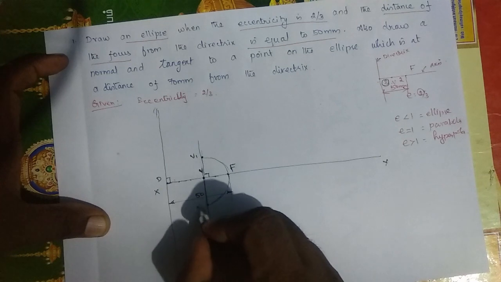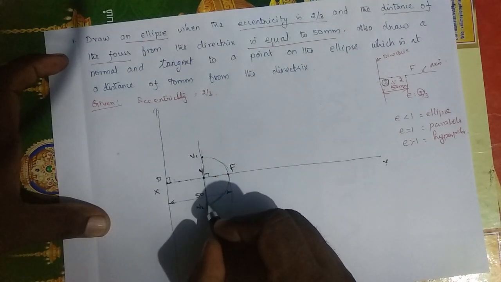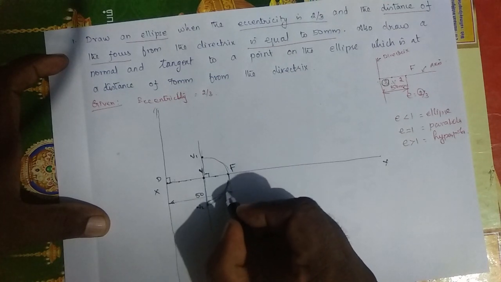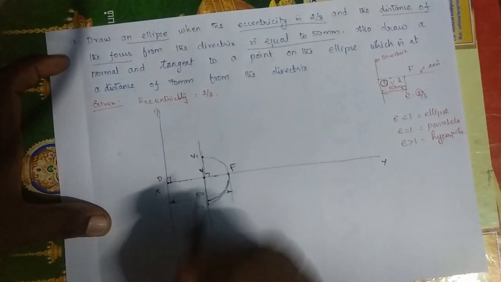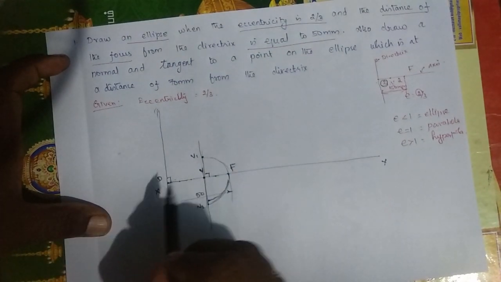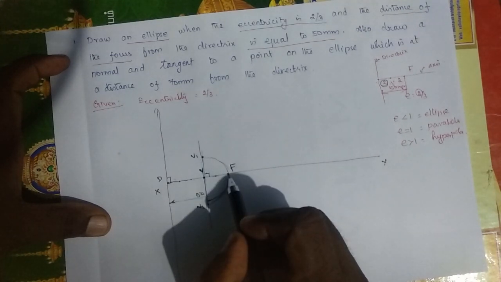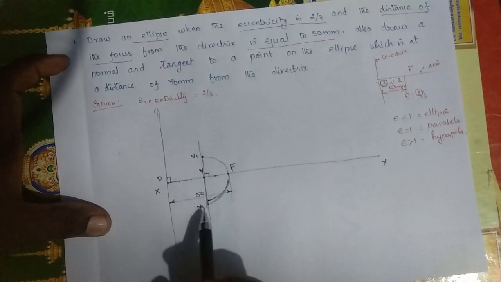So this becomes V2. Okay, I have 2 points, V1 and V2. So we have all the points D, V1, V2 and F. This is the important point here, how to take this V1 and V2.